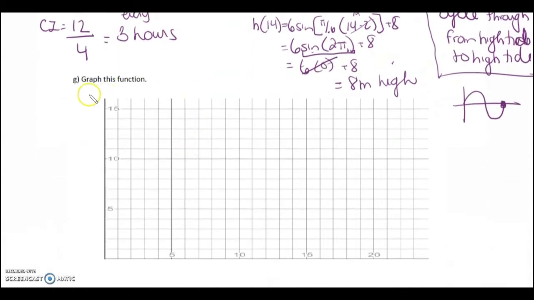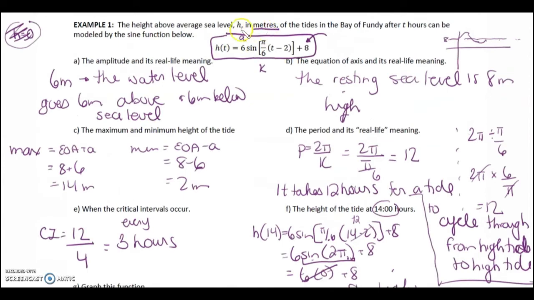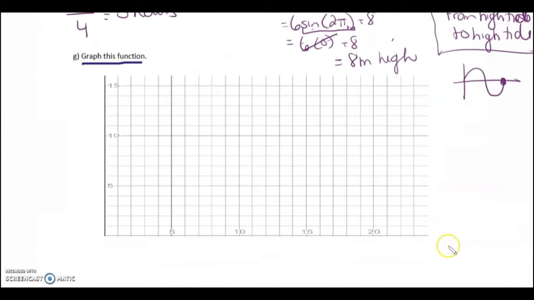Okay, so G, graph this function. So going back up here, we're talking about the height in meters after T hours. So this is going to be T in hours. This is going to be height in meters. And then we can say Bay of Fundy tide.